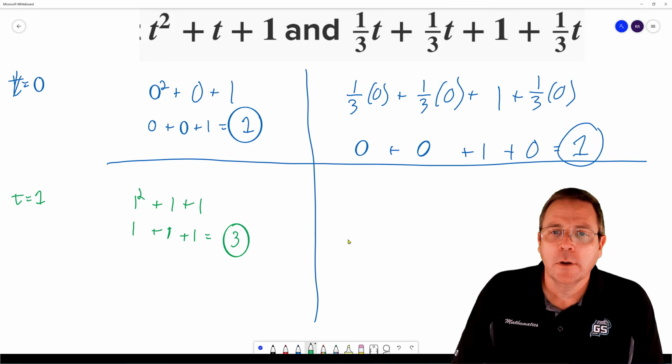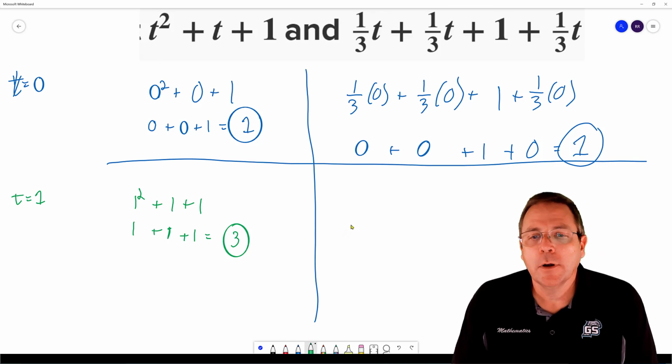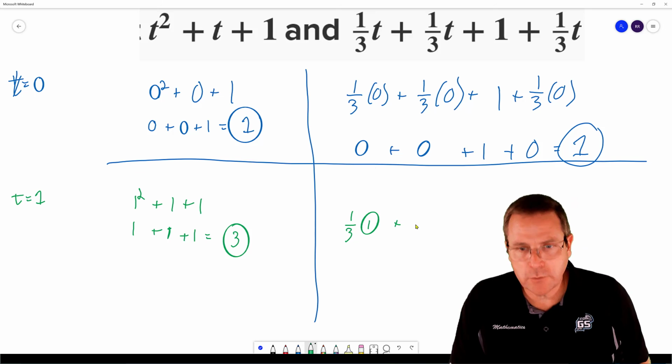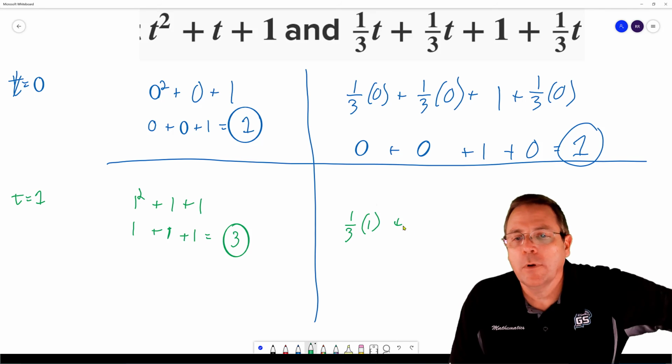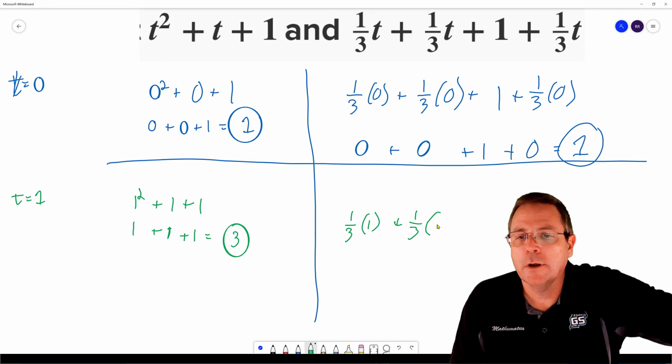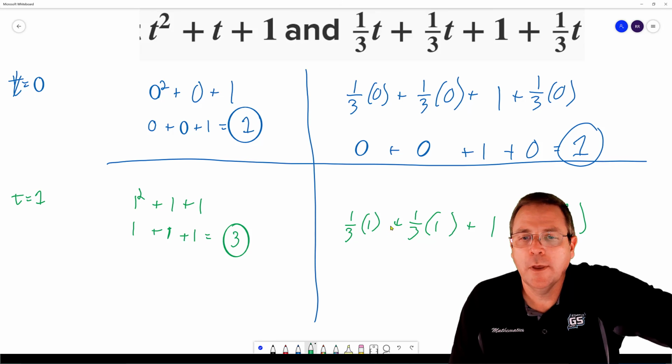On this one, we're going to put in 1/3 times 1 plus 1/3 times 1 plus 1 plus 1/3 times 1. And when we do that, we get 1/3 plus 1/3 plus 1 plus 1/3.